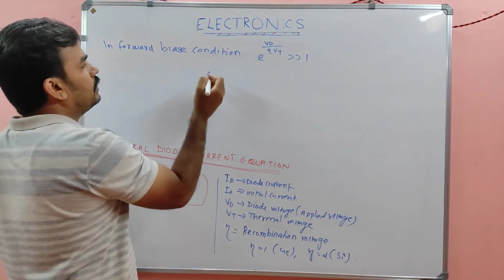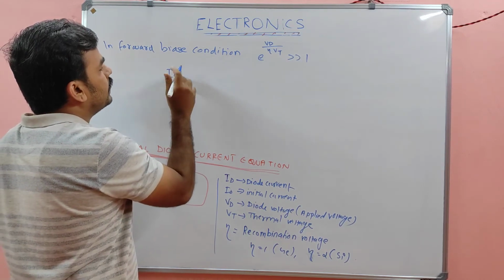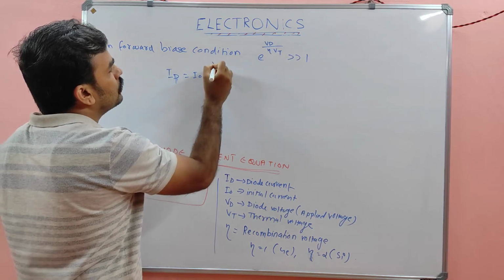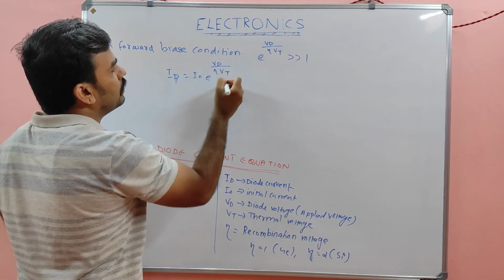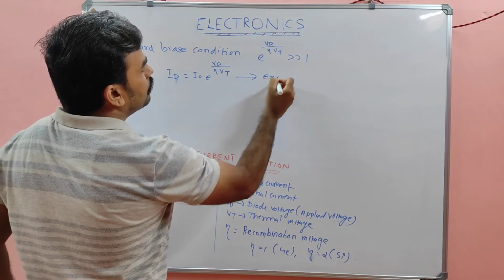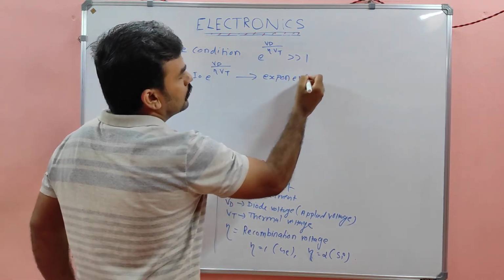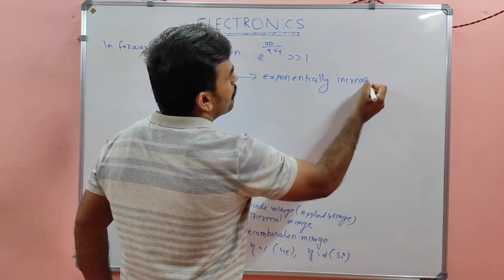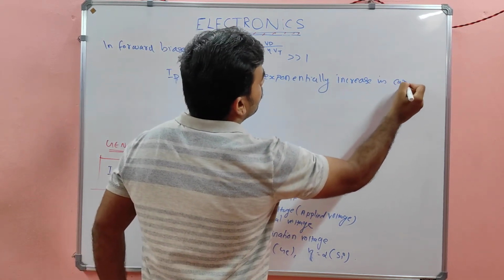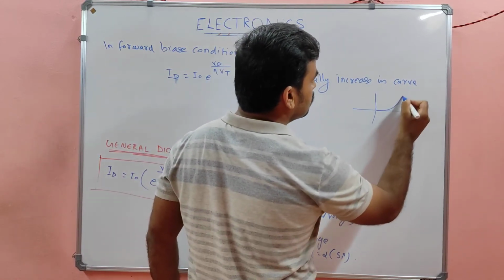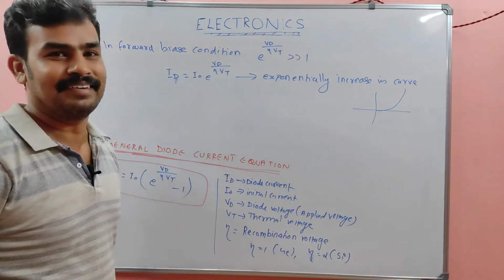So I can write the diode current equation as ID is equal to I0 e raised to Vd divided by eta Vt only; the minus 1 you can neglect. This means it is an exponentially increasing curve. That's why the forward characteristics look like this, an exponentially increasing curve.